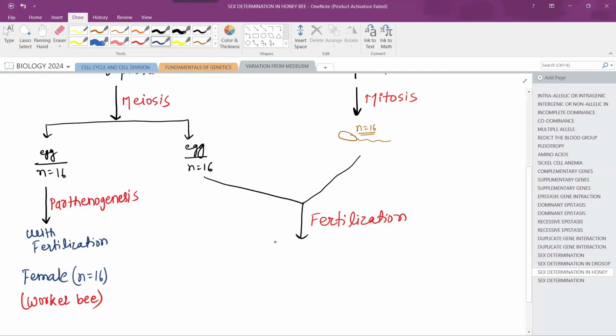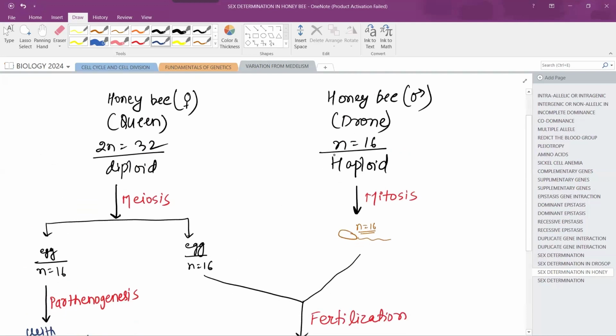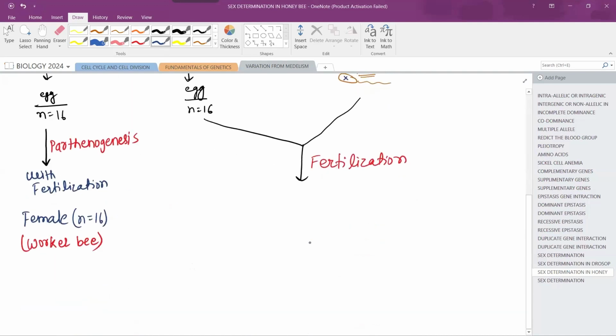Yes, because as this honeybee is a haploid type and has only one type of gamete, it is always an X type. So this will produce a diploid female.